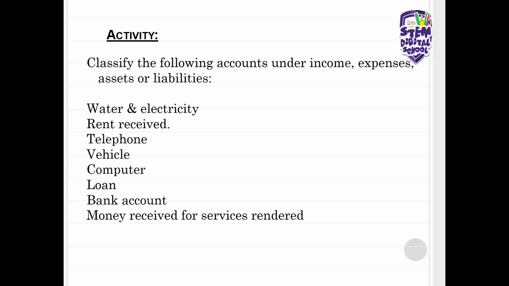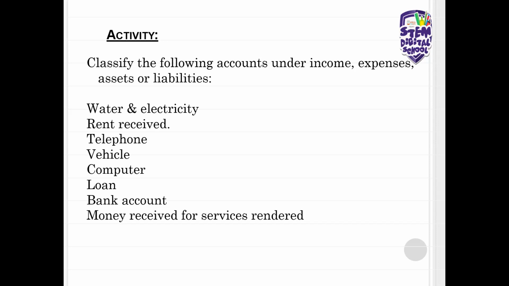Right. Let's go on. Vehicle. Thank you. The vehicle is an asset. It has a value, you can see it, you can touch it. Computer. A computer is not an expense. I'm sitting here with my laptop.